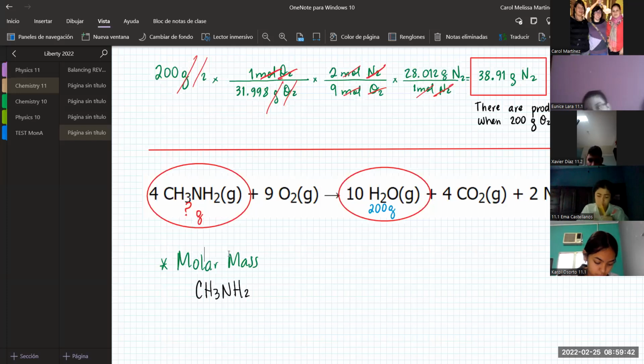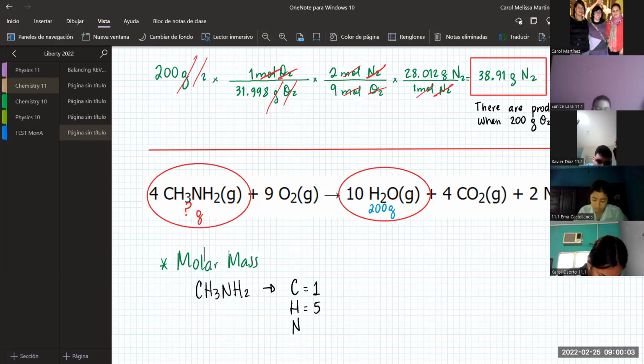For example, carbon, you have 1 carbon. Hydrogen, you have 3 here and 2 over there. In total, you have 5 hydrogens. And you have 1 single nitrogen. So this is going to be the molar mass.